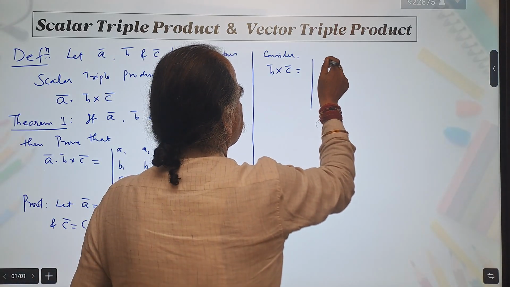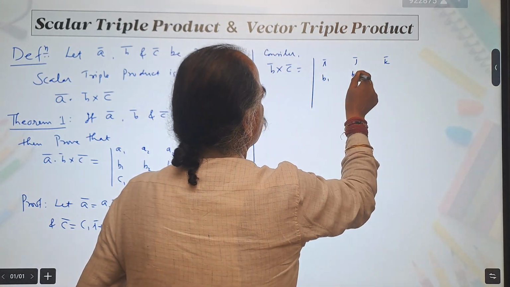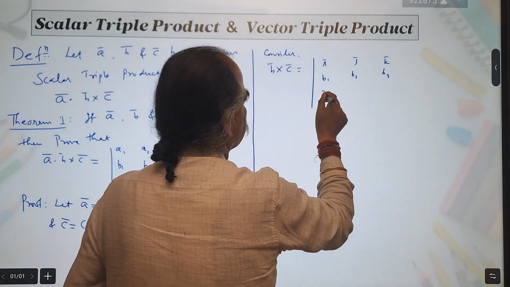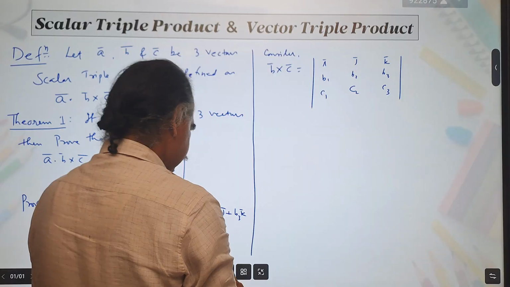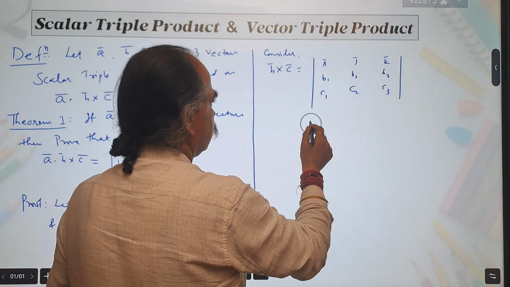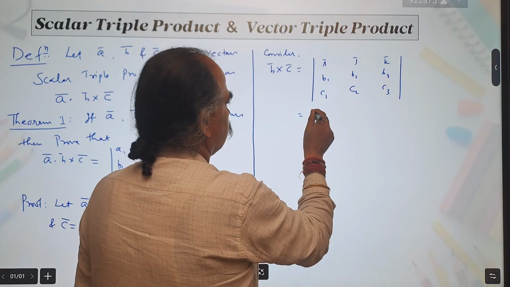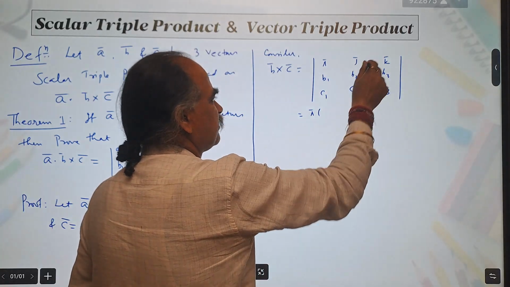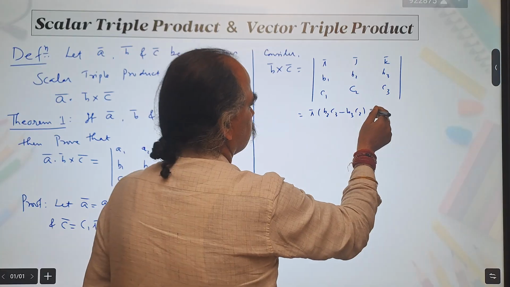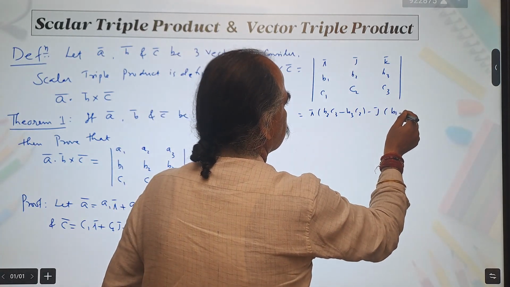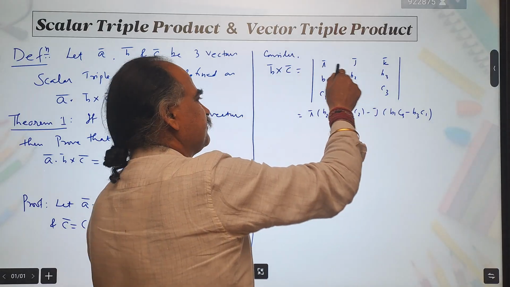Determinant ijk, b1 b2 b3, c1 c2 c3 will give you I bar into b2 c3 minus b3 c2, minus j bar into b1 c3 minus b3 c1, plus k bar into b1 c2 minus b2 c1.